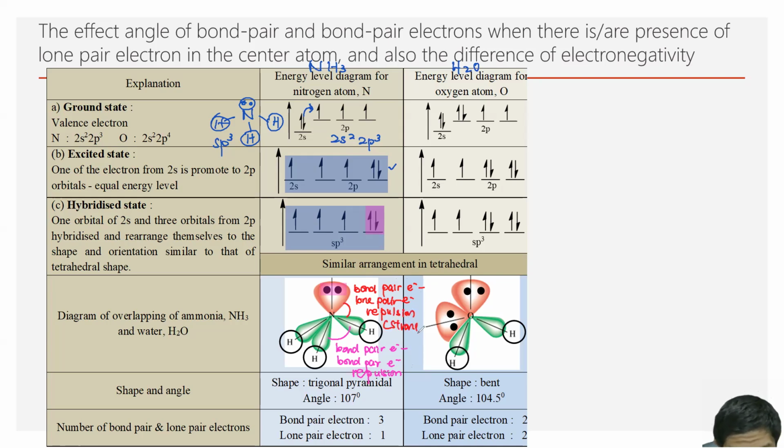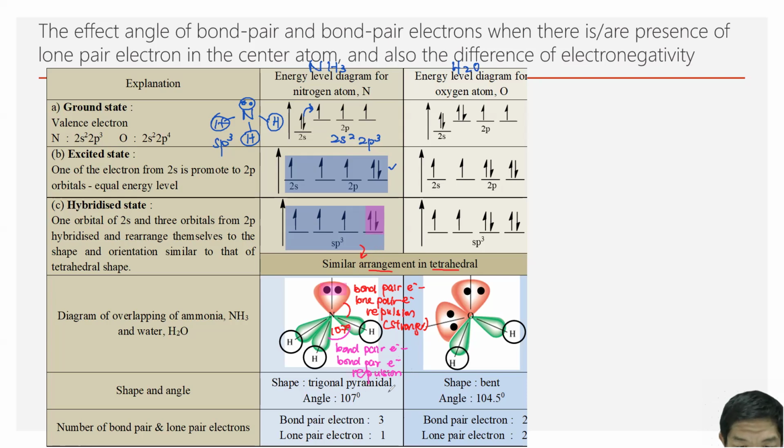And because of this bond pair electron and lone pair electron repulsion, it squeezes down the angle for the ammonia to become 107 degrees. Note that it still uses sp3 hybridization. It has an arrangement similar to tetrahedral, but because of the presence of the lone pair electron, the angle is squeezed down further, so you can no longer call it tetrahedral.